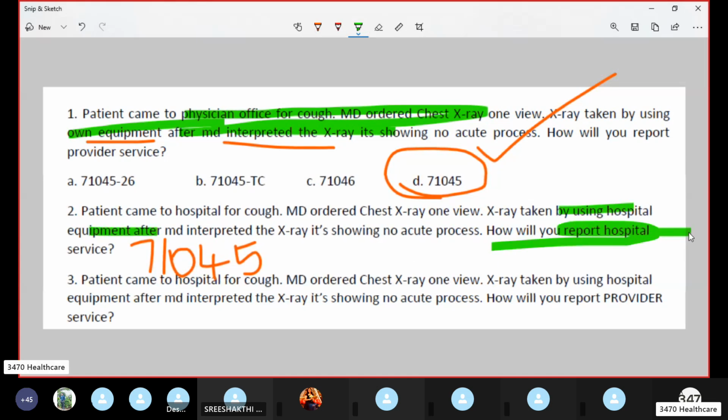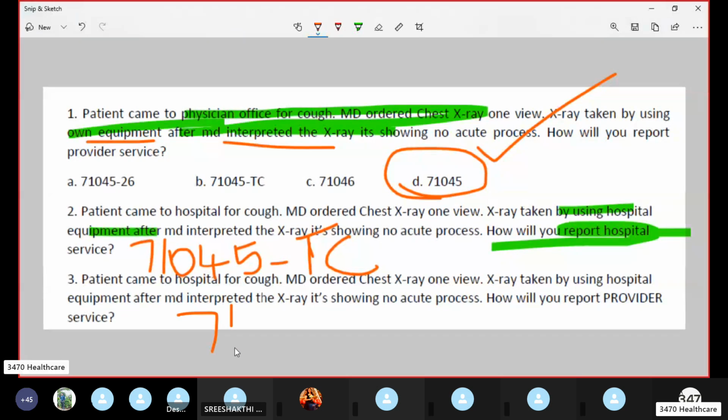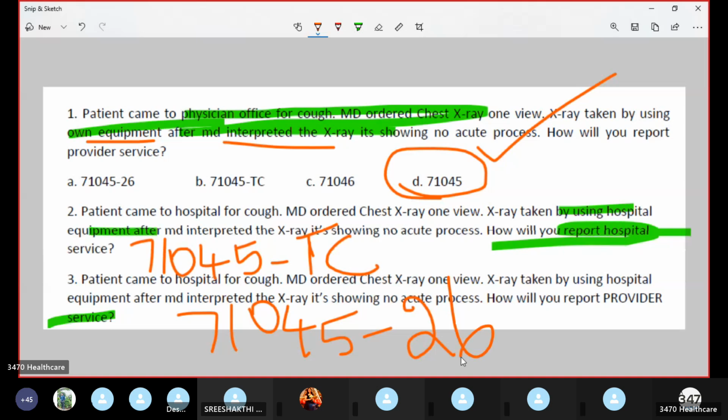The hospital equipment was used by the hospital, so here it is TC. Then the last one, 71045. It is for the provider service. How will you report the provider? Here you need to give 26. So first one 71045, second one 71045 TC, third one 71045 26.